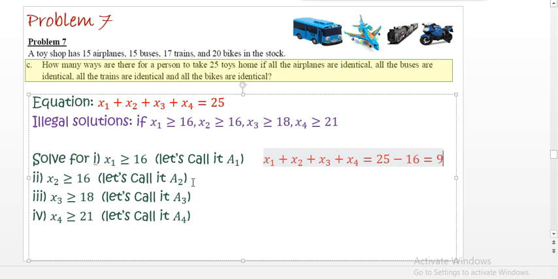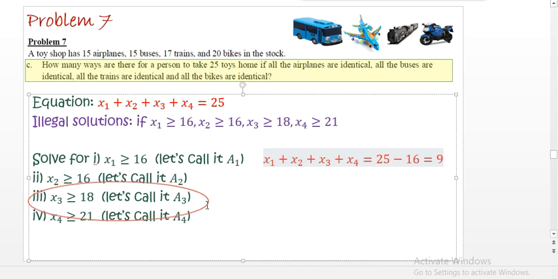Next we solve for when x2 is greater than or equal to 16. Again, the equation will be the same. We will get a number of solutions, and after that we solve it for x3 greater than or equal to 18. Again we make an equation like this, 25 minus 18, which is 7.